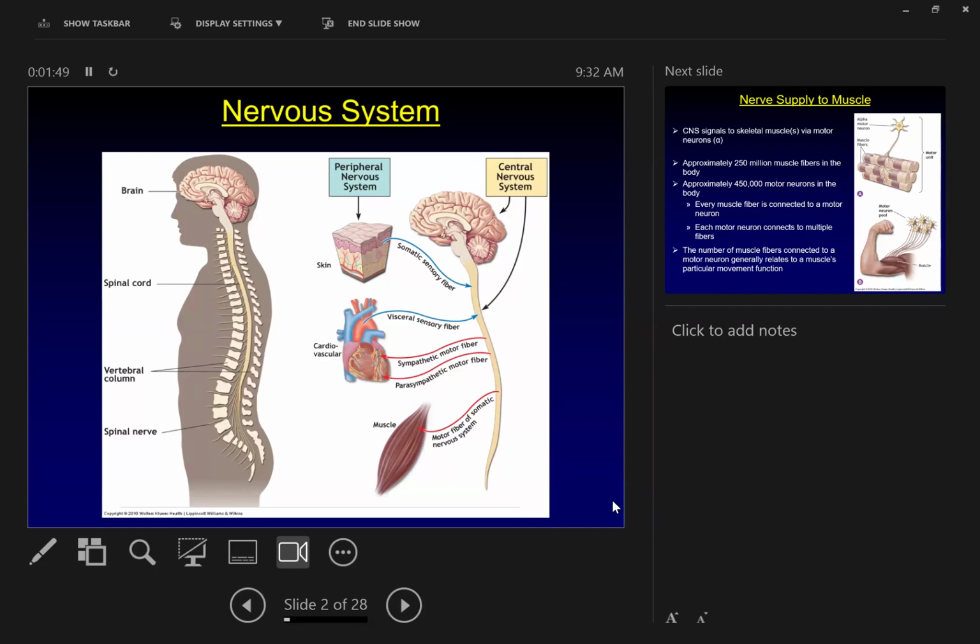Okay? So the key thing to understand right now is your brain is connected to every muscle fiber in your body. Millions of muscle fibers in your body. So you have millions of connections from your brain to your muscles. Okay? Still blows my mind.